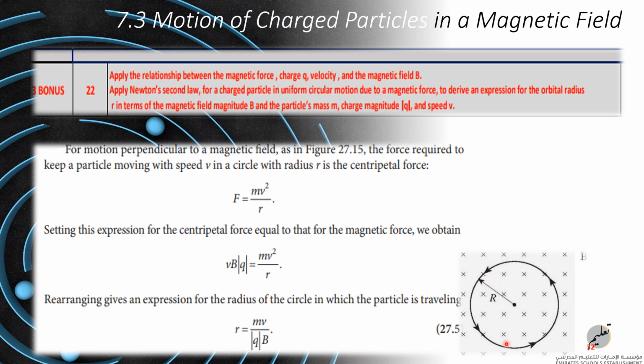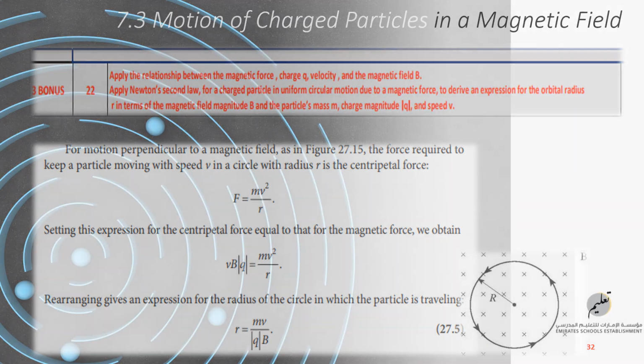Why do we have a circular shape here? Because the charged particle is entering a magnetic field. Every time a charge enters a magnetic field, it goes through a circular motion. So R, the radius of that path, is equal to m, the mass of the particle, multiplied by its velocity, over q, the charge, multiplied by the magnetic field.